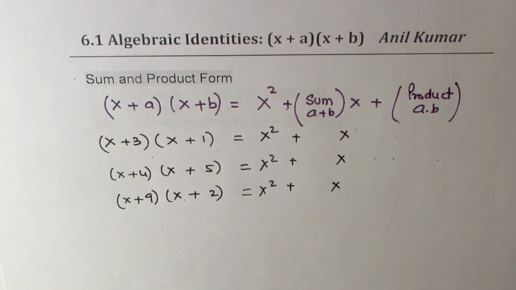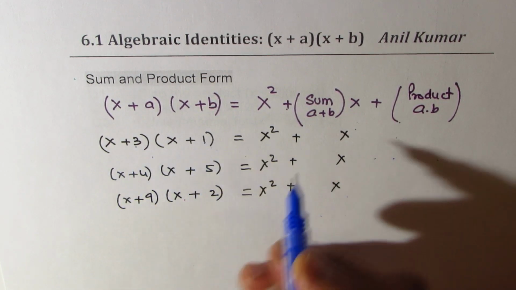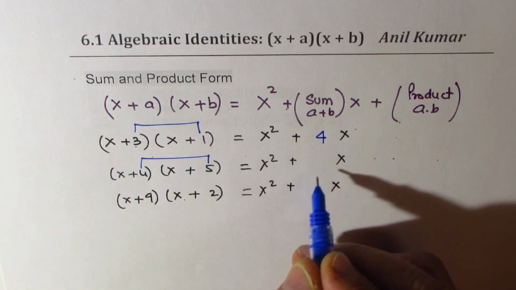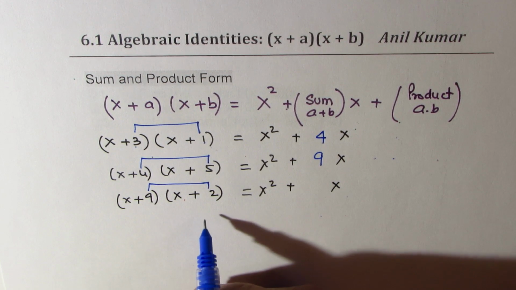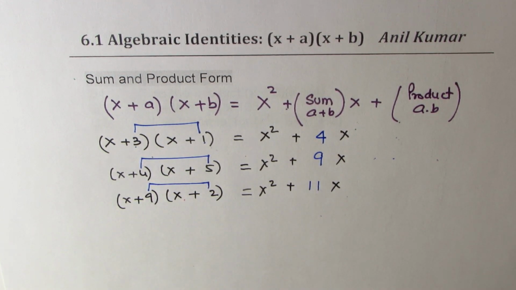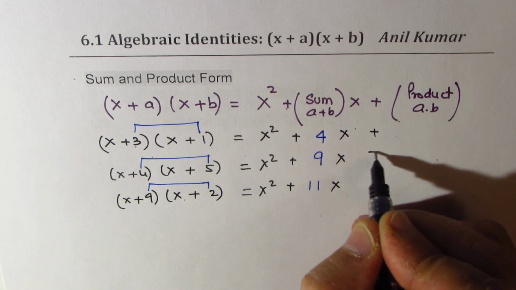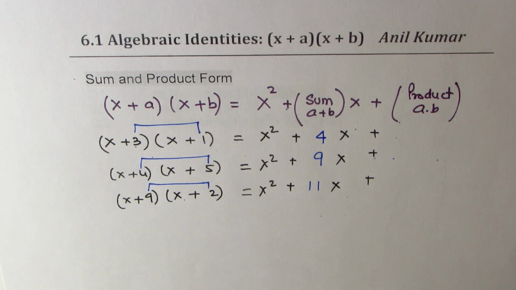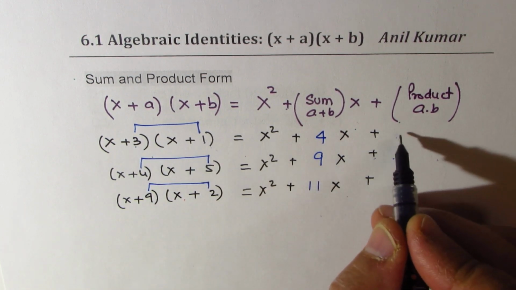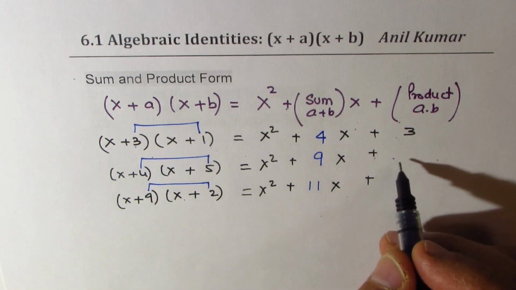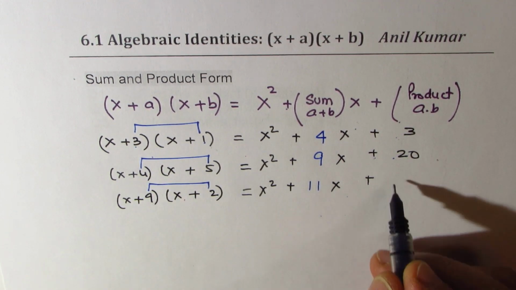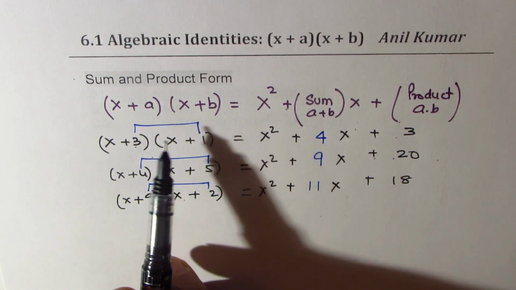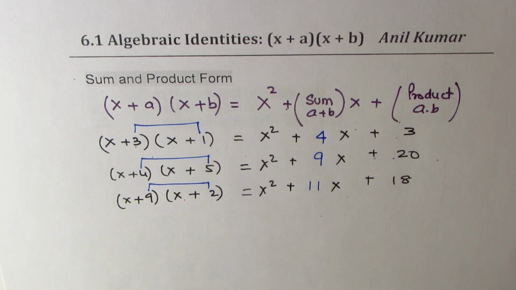With the x, it is the sum of a and b. That means 3 + 1, which is 4. Right? So to add these two, 4 + 5 is 9, and 9 + 2 is 11. Correct? So you get the sum, and the third part is the product of these two. That is to say, we have 3 times 1 as 3, 4 times 5 as 20, 9 times 2 as 18. So in this fashion, you could easily write down the expanded form. So this is called the expanded form.